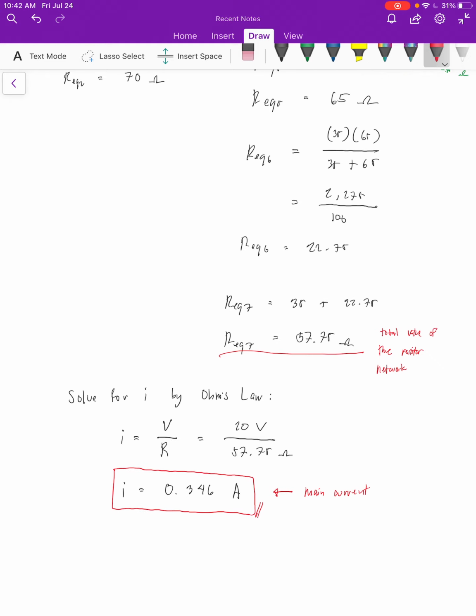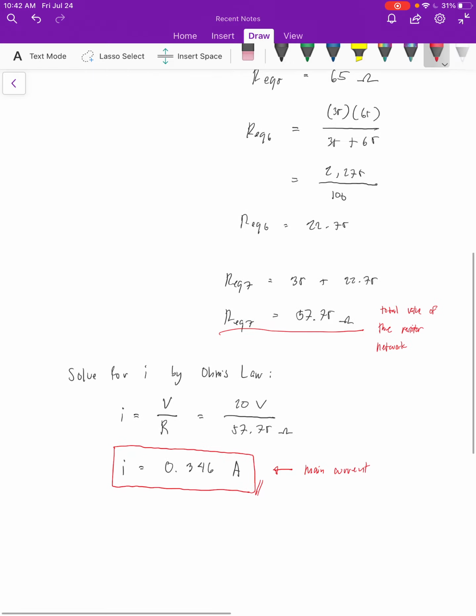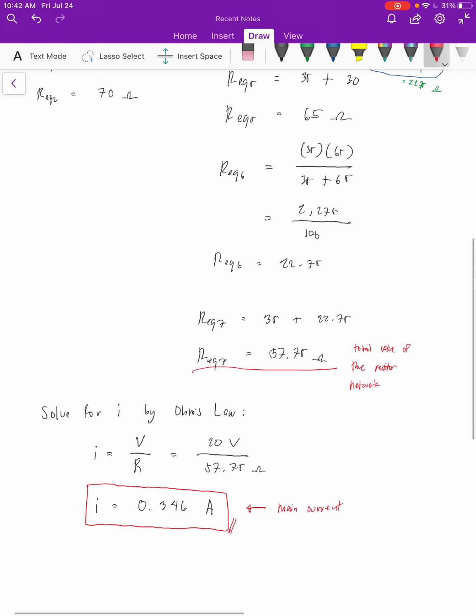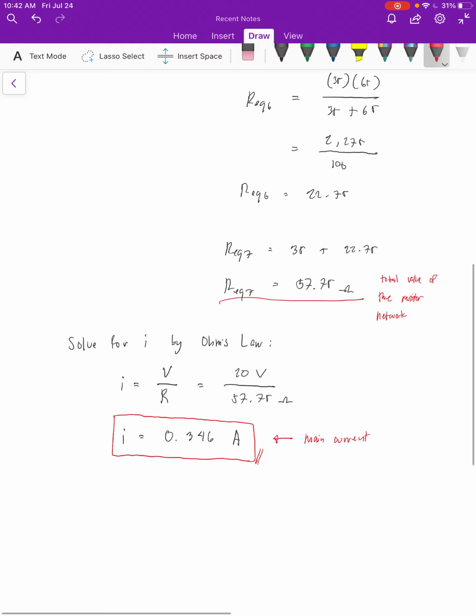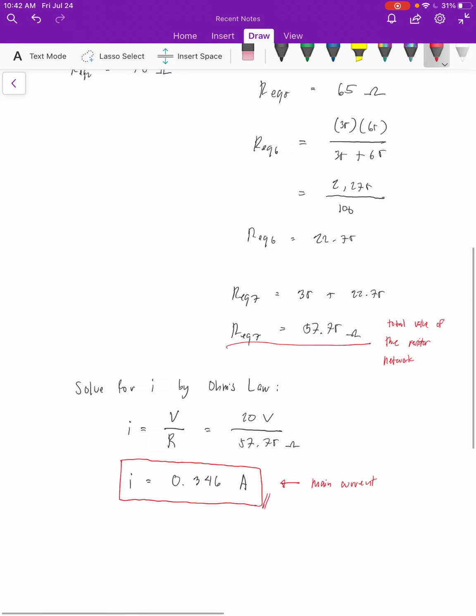Notice that our current is very small, and in instances such as this one, limit your answers to 3 decimal places only. Though in reality, you need to be more precise than that, because a very small amount of current is not something that is unusual. In fact, it is very usual, especially in electronics. So you need to have a precise measurement of the current.